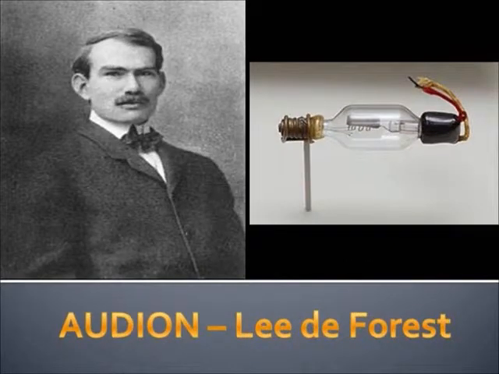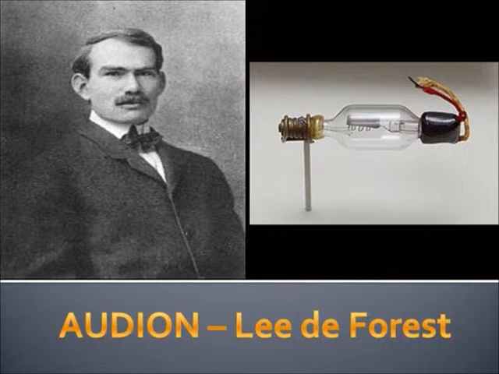The Audion is an electronic amplifying vacuum tube invented by Lee De Forest in 1906. It was the forerunner of the triode, in which the current from the filament to the plate was controlled by a third element, the grid.